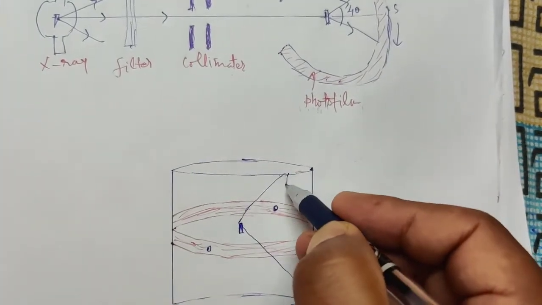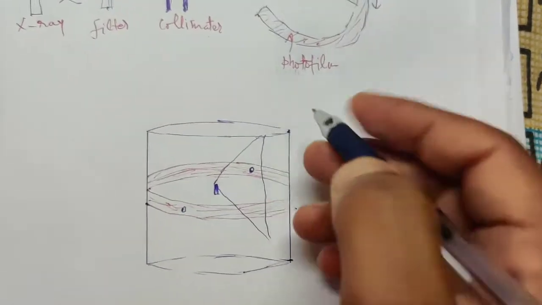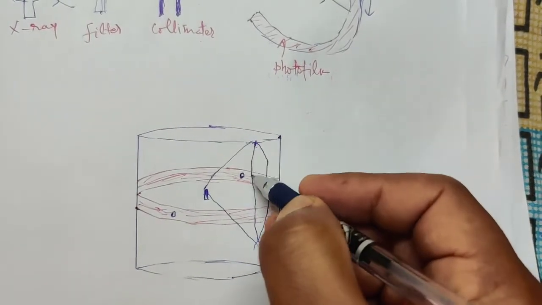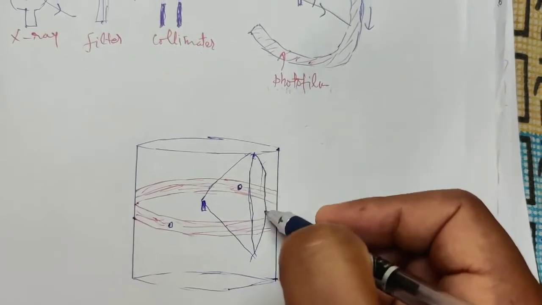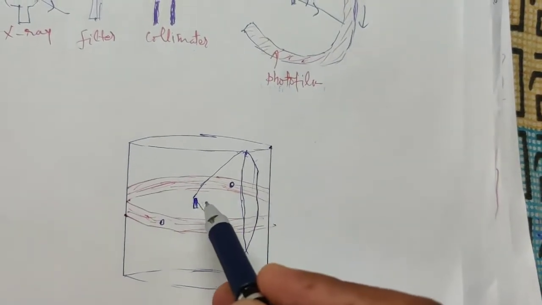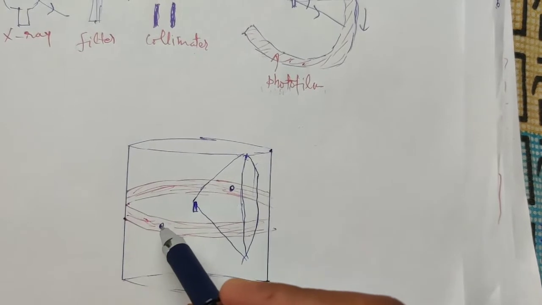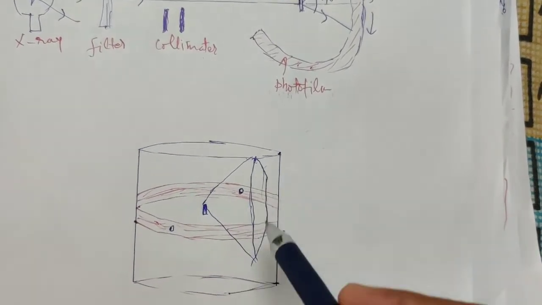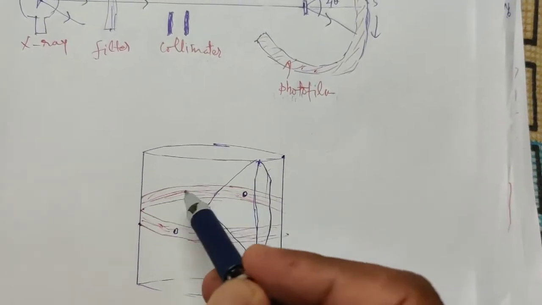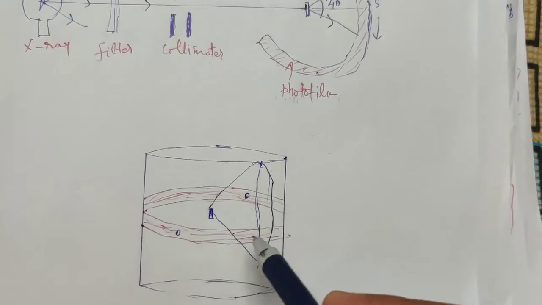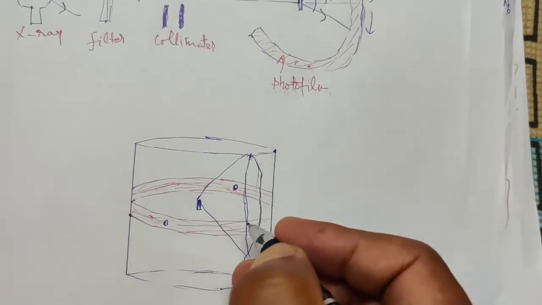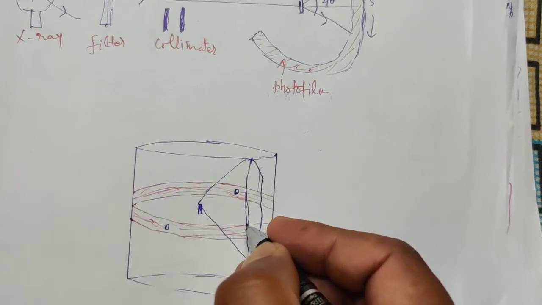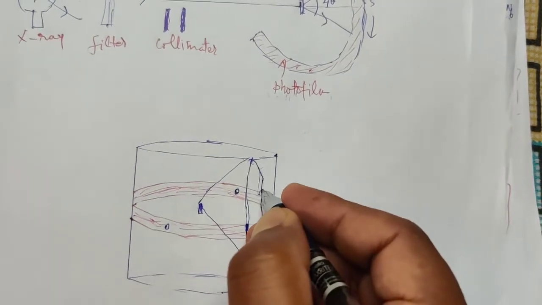This will be the surface of a cone. Suppose the X-ray enters from here and exits from here. So this is forming a cone. Because the photofilm is very small, this cone will touch the film here, this part here and this part here.